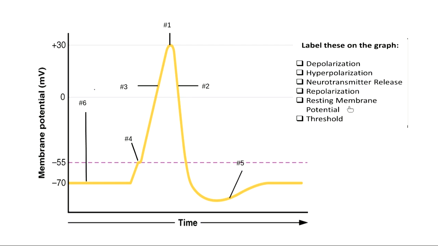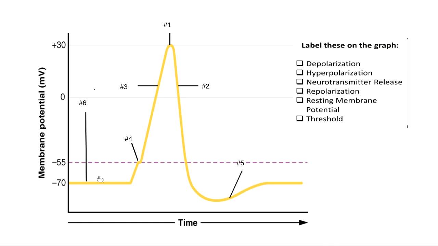The number on my graph that shows resting membrane potential is here, region number 6. So resting membrane potential is what I see right here at the beginning of the graph. I don't have a line there, but we could also say that right here is also resting membrane potential when my neuron is at -70 millivolts. Remember, that's one of those numbers we got to know, -70, resting membrane potential.